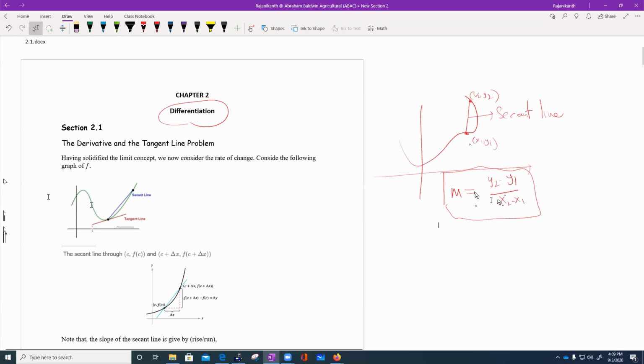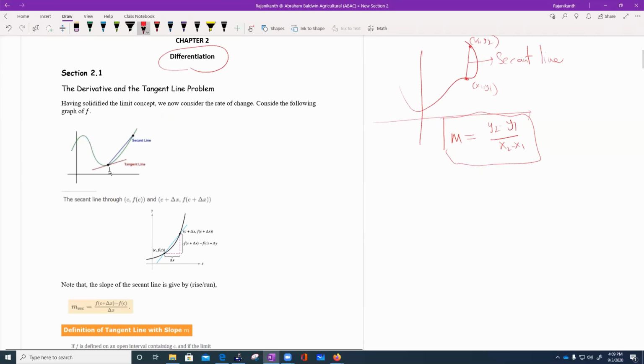If you look at the picture here, when you move one point towards another point, my secant line keeps on moving. If this point is somewhere here, my secant line is now here, and if my point is here, then my secant line is this line.